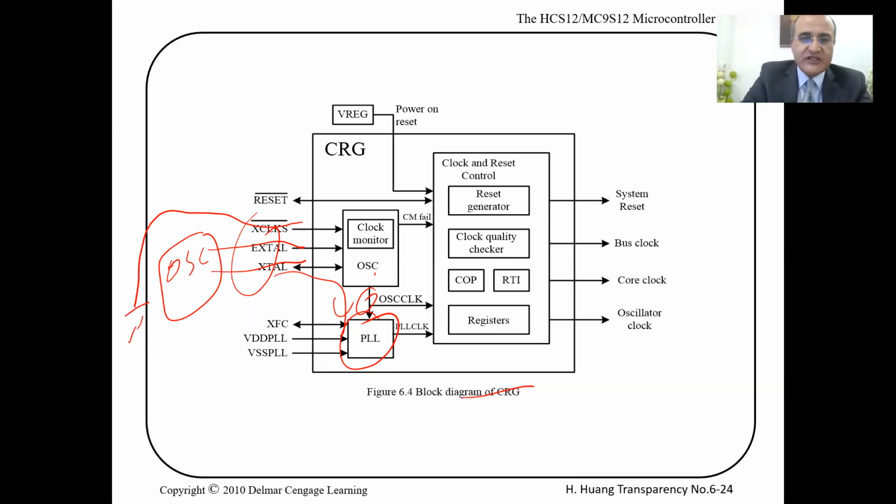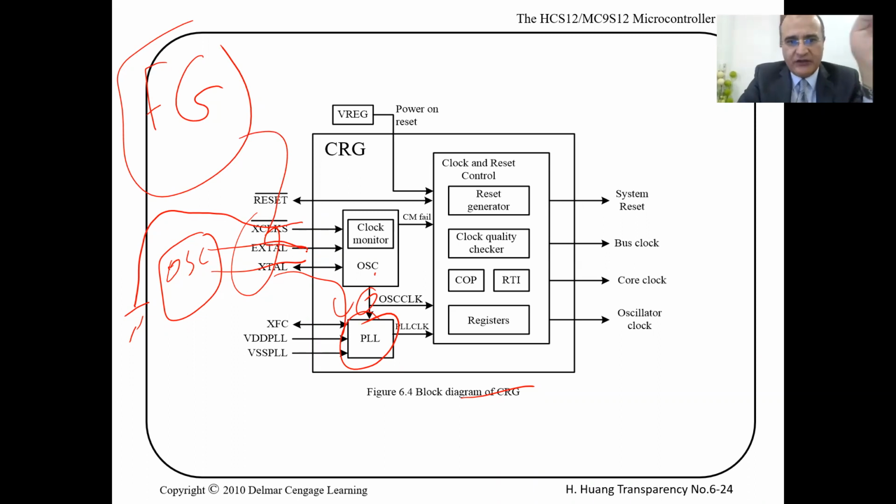Or if you have a function generator, you can get a clock that doesn't need squaring and just take it here directly, and you don't pull this low. A clock monitor monitors the clock. If any failure happens, an unstable clock, this will cause a reset, a clock monitor failure.